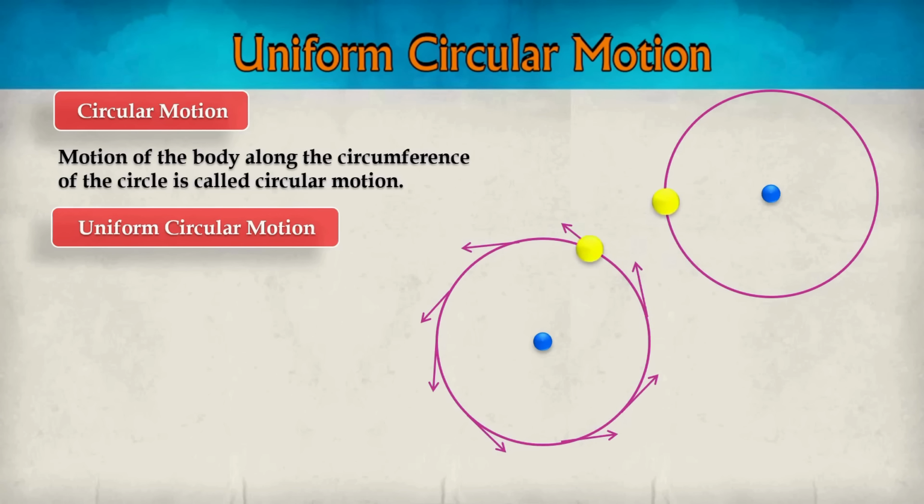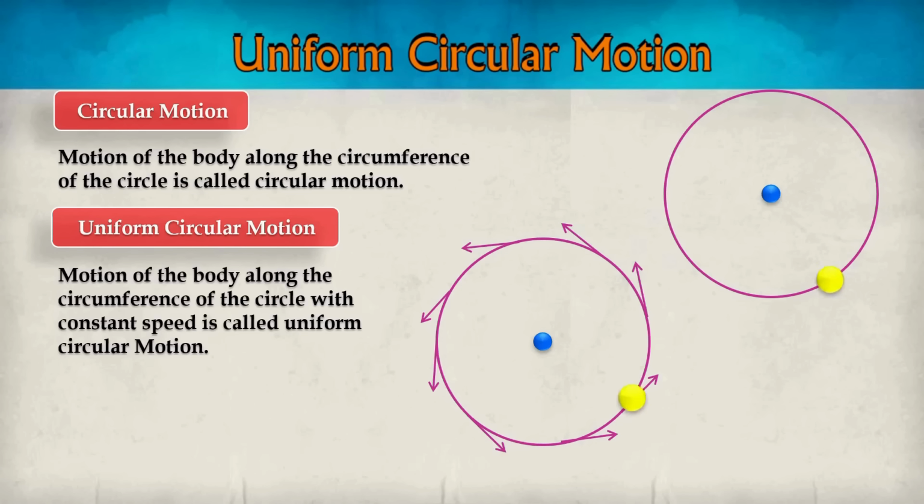Because the direction of velocity is continuously changing, the velocity of the object also keeps changing. And whenever velocity changes, the object is said to be accelerating. Therefore, even though the speed remains constant, uniform circular motion is considered an accelerated motion. This is an important idea to remember in circular motion.